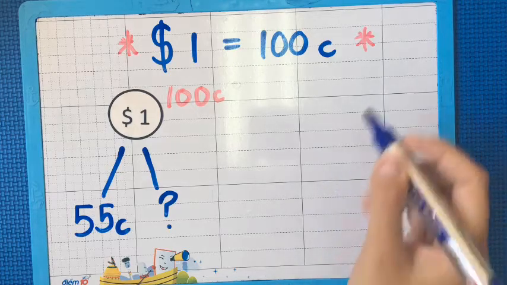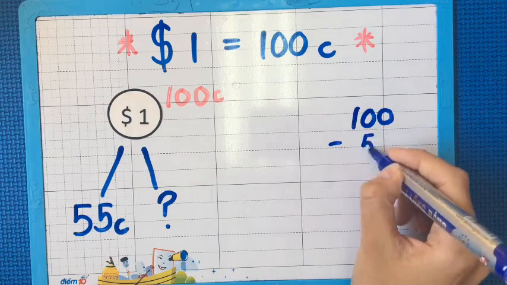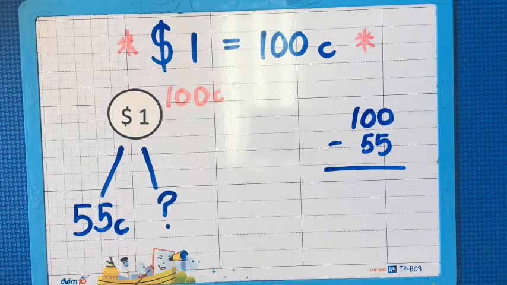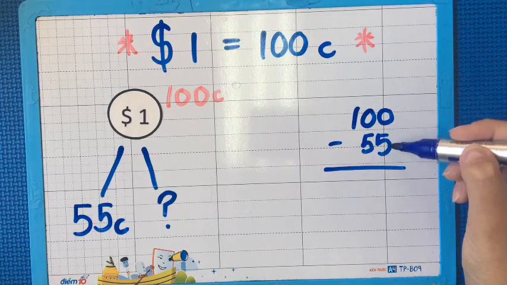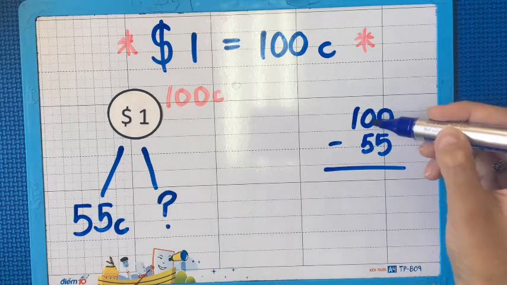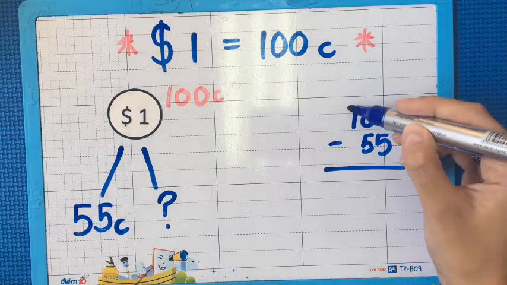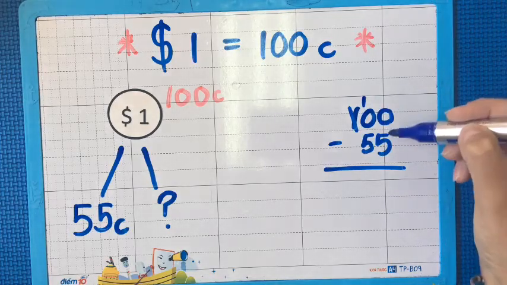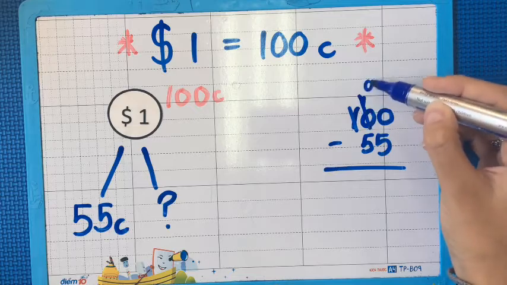So I can write 100 take away 55. And remember to work in your columns. 0 take away 5. I cannot. I need to borrow. There's nothing to borrow over there. So I go all the way to the front, cross it out. That becomes a 10. I still need to borrow. So the 10 becomes a 9.